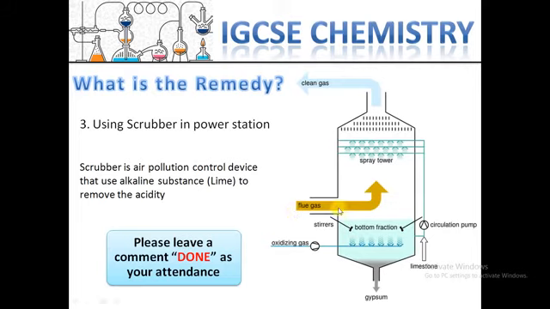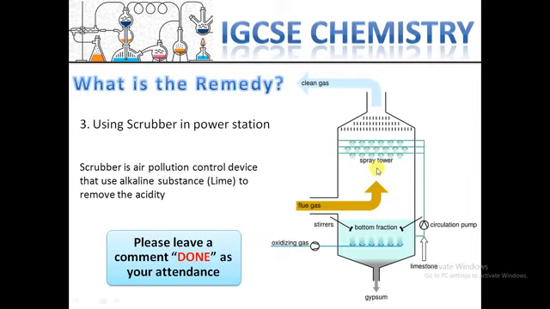So when the fuel gas is exposed to the spray of lime, because the gas is acidic, it is neutralized and converted to another, cleaner gas. The clean gas is not actually 100% clean, but it's better than the initial state. So the clean gas can be released from the scrubber.